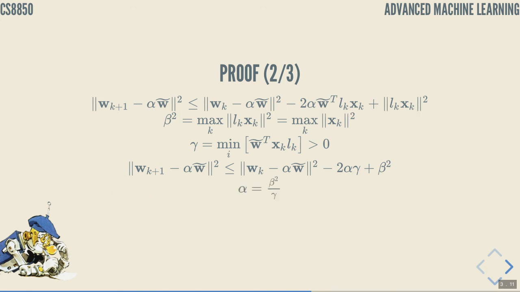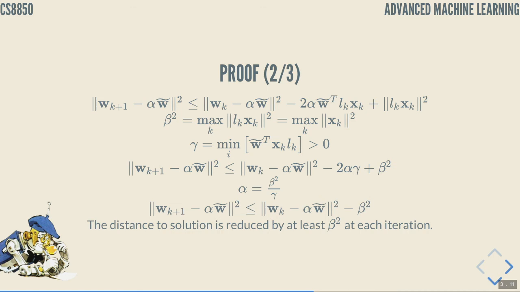Okay, and if we set our alpha to beta squared divided by gamma, then we will end up with the following inequality.